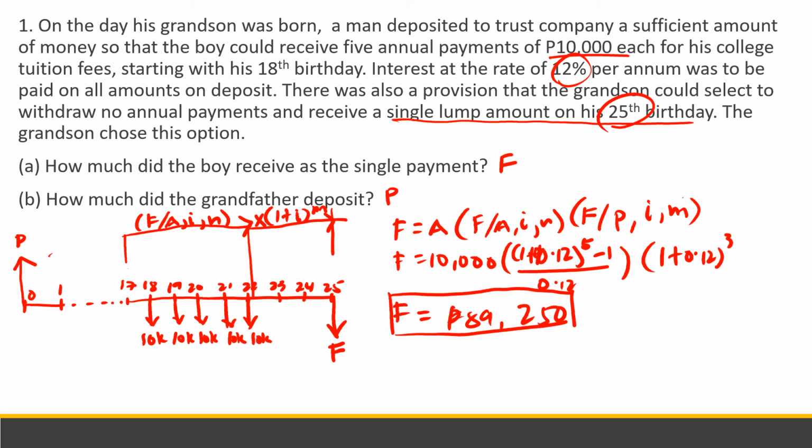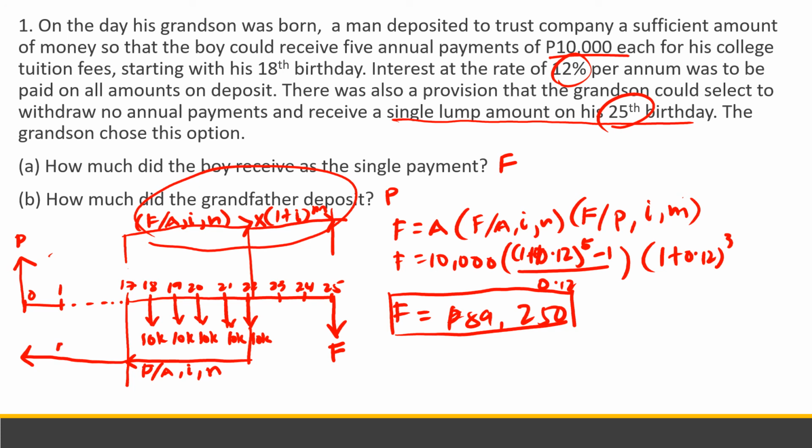So next question is, what is our P? In finding P, we have two options. You can use this equation again, but reversed, like a deferred annuity. So from here going to 17, we will use P given A, I, and N, and from 17 to P, M equals 17, N equals 5.